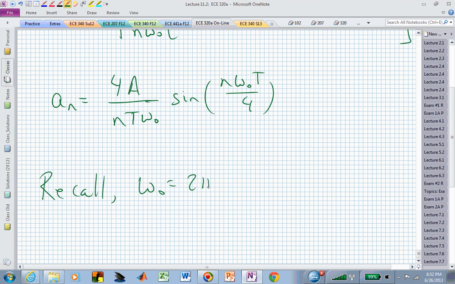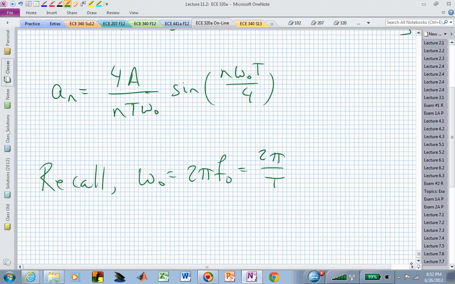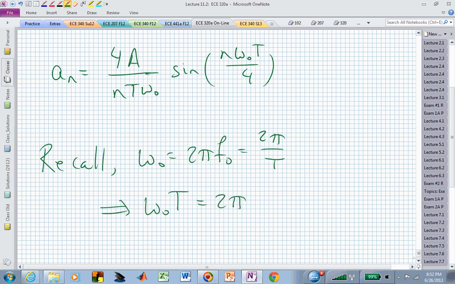Omega naught is 2 pi f naught, which is 2 pi over capital T. Whenever we see this product of omega naught t, that's just 2 pi.